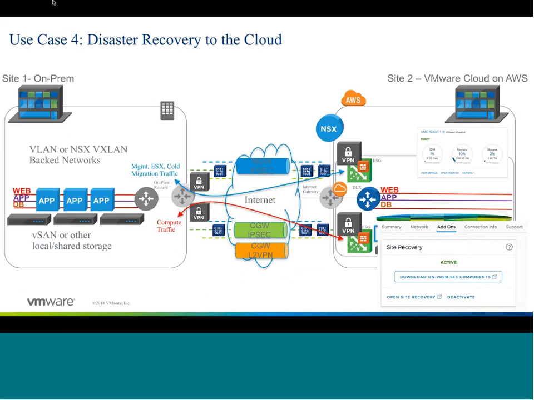Once you have this connectivity set up, you can enable site recovery, you can enable this add-on, and what will happen when you enable this add-on is that SRM and vSphere Replication get deployed within the SDDC, and you can download those components and also configure them on-prem to configure this replication, and then you can set up your disaster recovery plan.